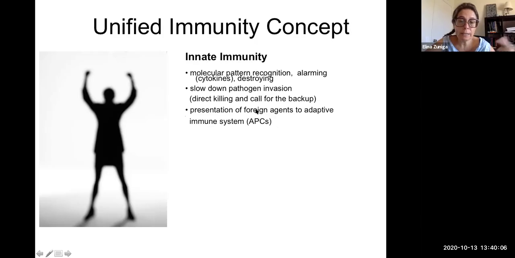We just learned in the past few slides how the cells of the innate immune system, such as dendritic cells or macrophages, are able to present antigens, and particularly dendritic cells are essential to present antigens and initiate the adaptive immune responses, okay? That's why they are called the link between innate and adaptive immunity.